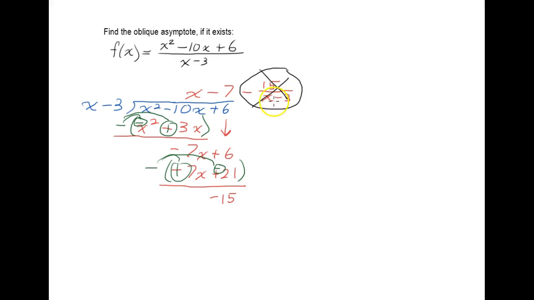Minus 3, that's negligible. So 15 divided by something really big, this whole thing gets really, really small, so it doesn't really matter. So this line, x minus 7, that is the oblique asymptote. So I'll just write that right here, oblique, just to label it so you can reference that. The oblique asymptote is y equals x minus 7.